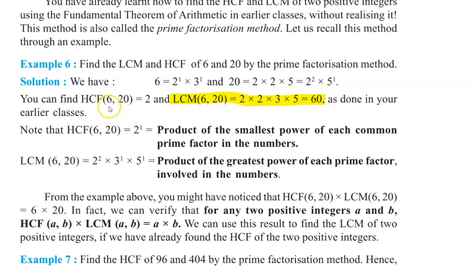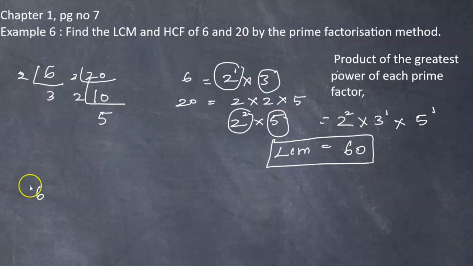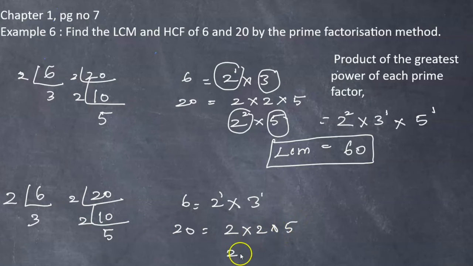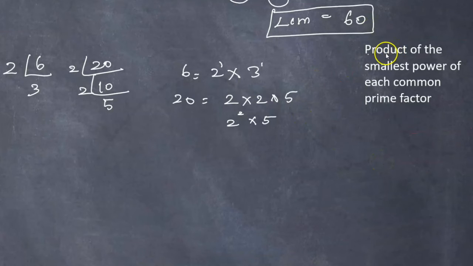Now we can find HCF. So for HCF, let's start again: for 6 it is 2 into 3. You can actually write 2 power 1 into 3 power 1, whichever is comfortable for you. And for 20, this is 2 into 2 into 5, which means 2 square into 5. So the formula for HCF is the product of the smallest power of each common prime factor.